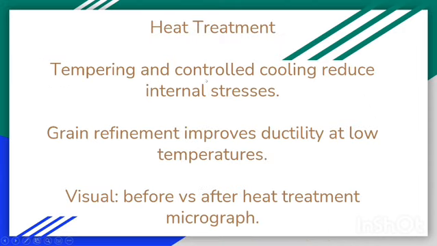And next we see about heat treatment. Heat treatment like grain refining and tempering reduces the internal stresses. Heat treatment like annealing forms coarse grains. If the grain size is larger, plastic deformation takes place. Plastic deformation means the metal behaves ductile.